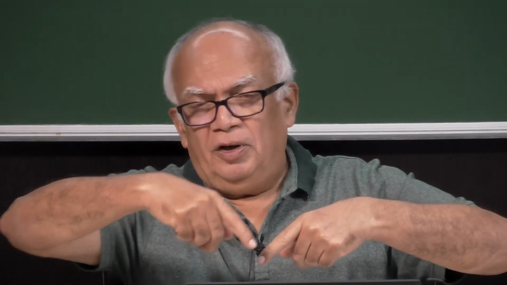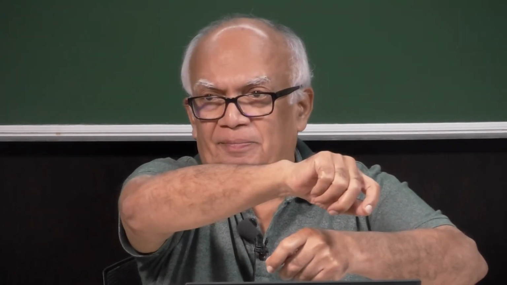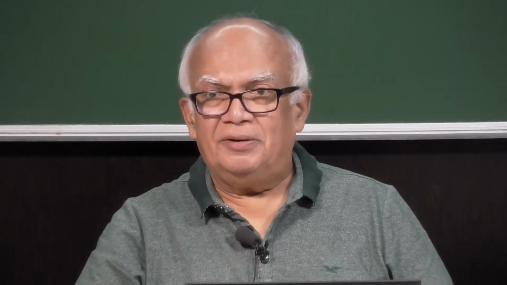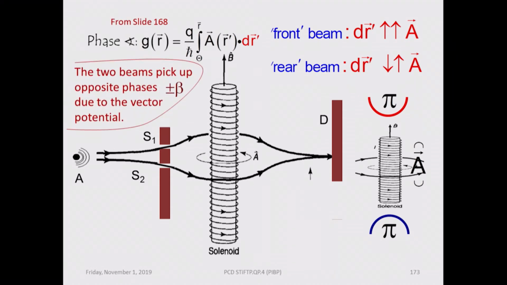Okay? So, if you draw a line from the center, this line is going to sweep an angle of pi on one side, and also pi on the opposite side, but with a minus sign. Okay? So, the two terms pick up opposite phases which are plus or minus beta.